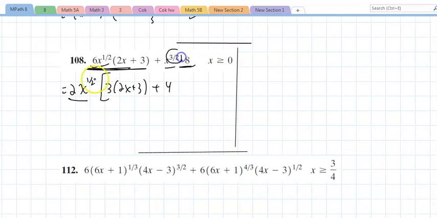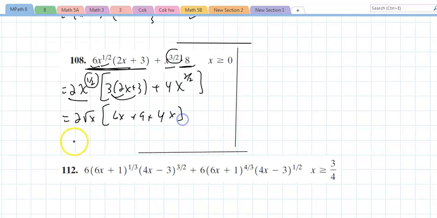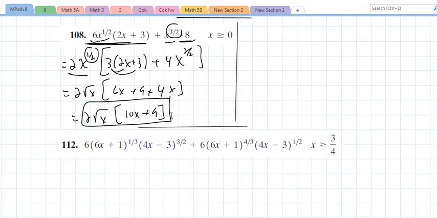X to the 3/2 divided by x to the 1/2 is x. 3/2 minus 1/2 is 2/2. So that is twice radical x times 6x plus 9 plus 4, 2 over 2 is x. That's twice radical x times 10x plus 9. So these simplifications are a must.